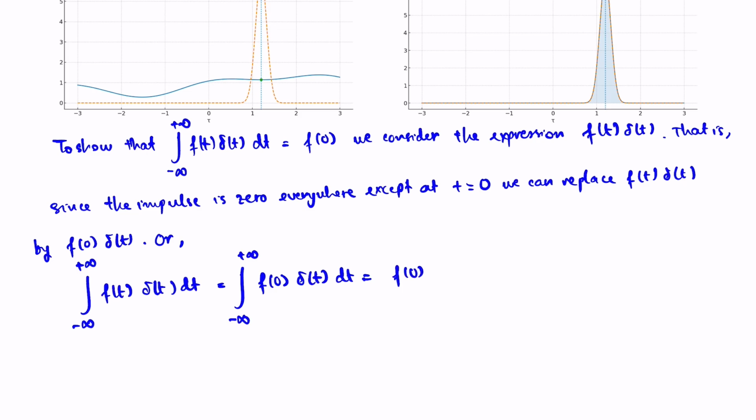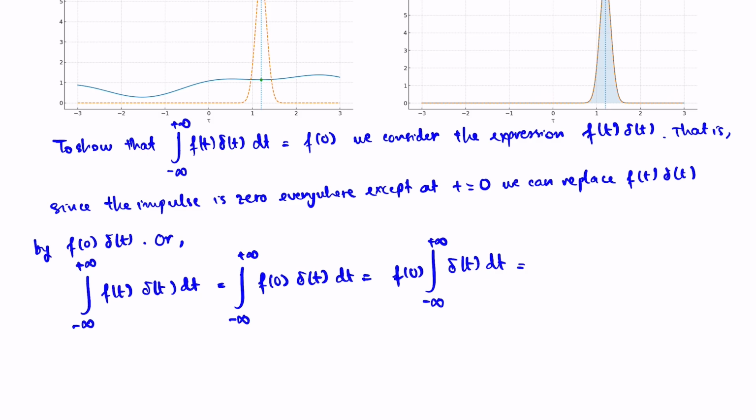So you have f of 0 times the improper integral from negative infinity to positive infinity of delta t dt. With this improper integral, you don't have to do any calculation. It's just one of the properties of the Dirac delta function that the distribution from 0 to positive infinity is equal to 1.